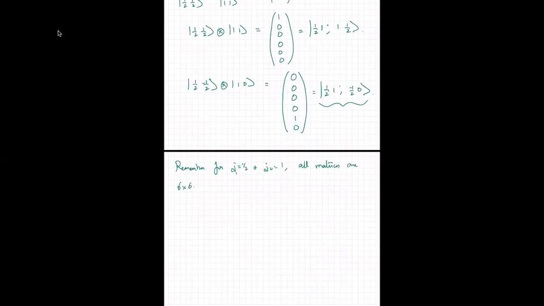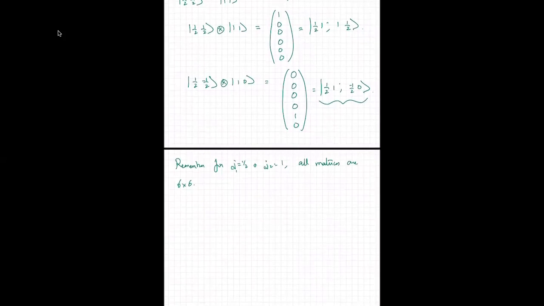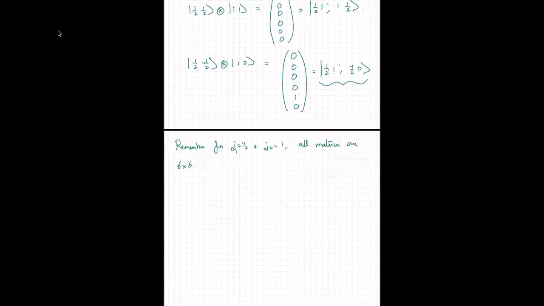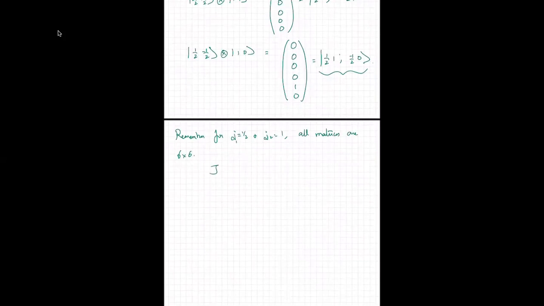So if I construct the 6 by 6 matrix J1 square, I will construct the matrix J1 times 1. This will be a 6 by 6 matrix. So when I say J1 square, I actually mean this matrix.